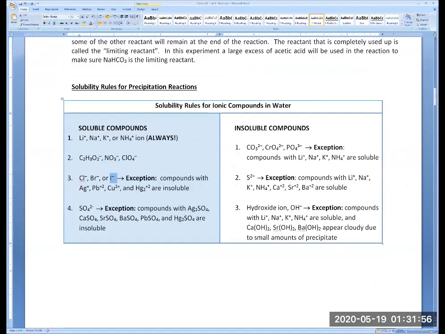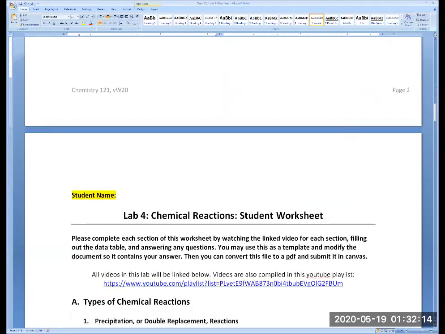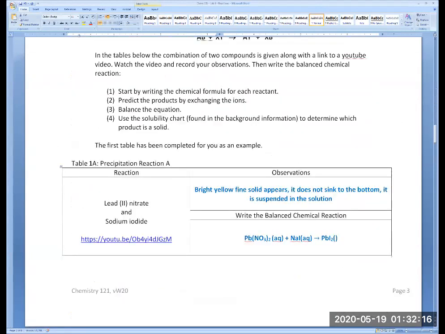I minus usually makes soluble compounds, except when it's with Ag+ or Pb2+. There we go. You see, with Pb2+, it's an exception, which means it's insoluble. So when it's insoluble, the physical state you will write is S for solid. Okay? So we are done with this one.